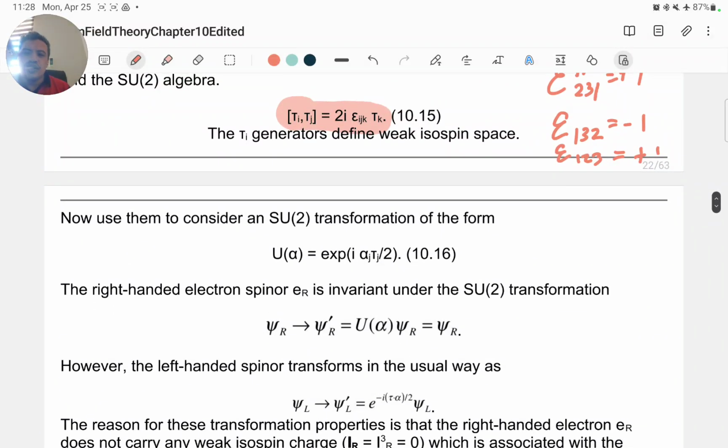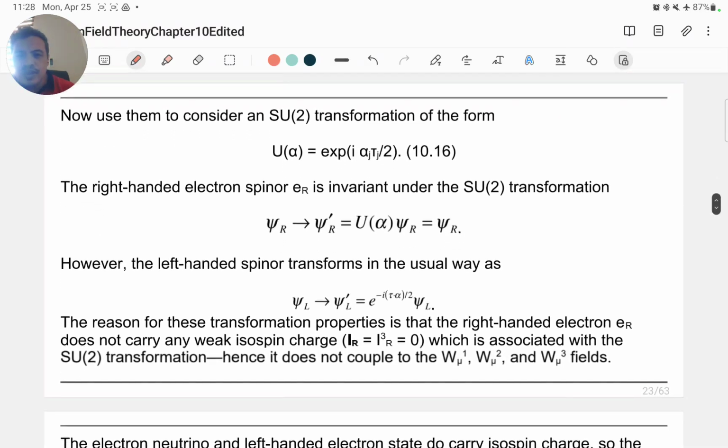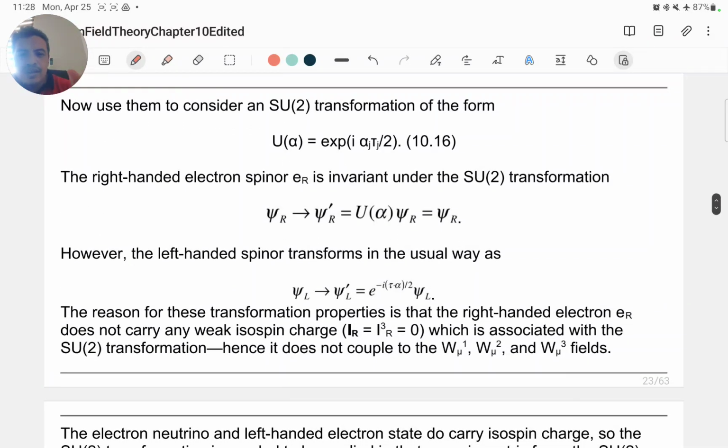Now we use them to consider an SU2 transformation of the form U alpha equals the exponential of i alpha j tau j over 2.